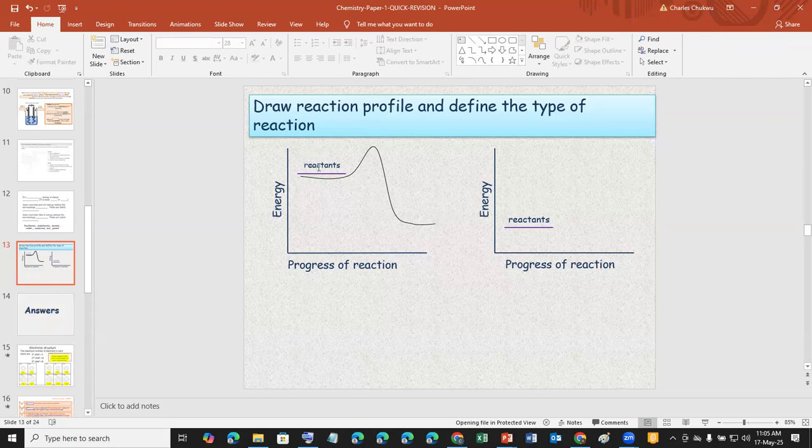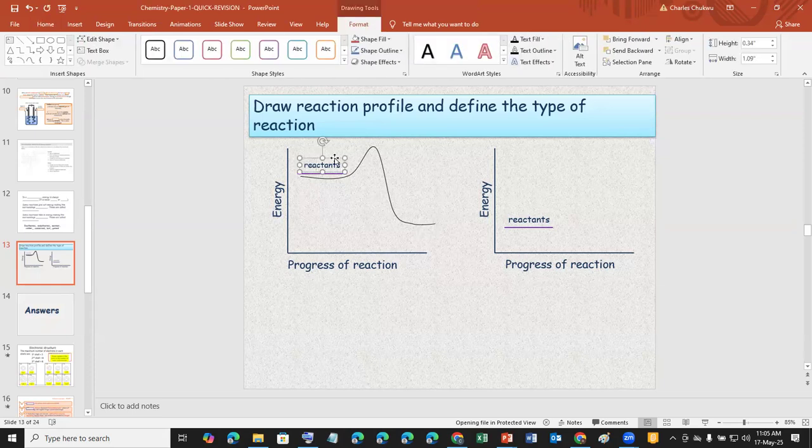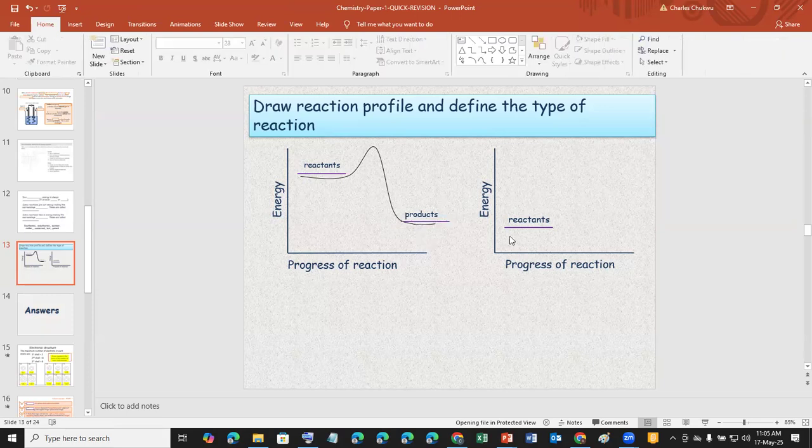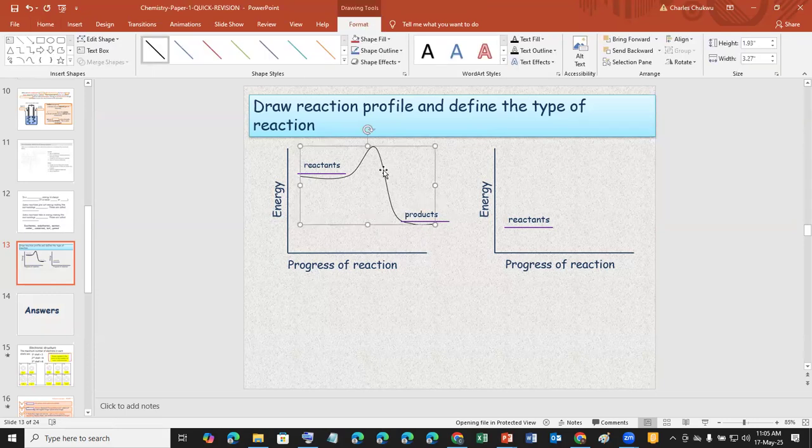So if we were to put something like this here, let me see if I can quickly do that. This would be the products. Yes, something like that. Then, of course, the opposite is the case for this one. So because of time, let me just flip this around.